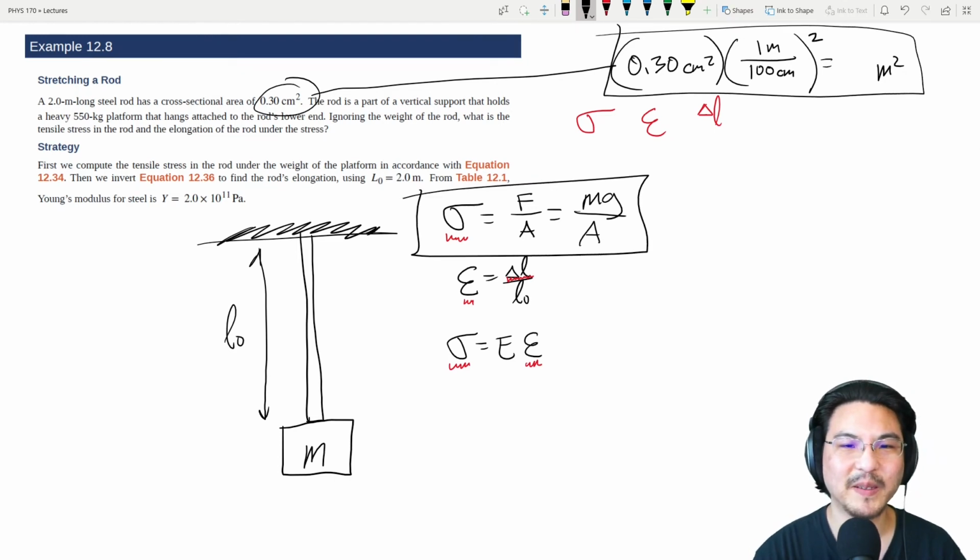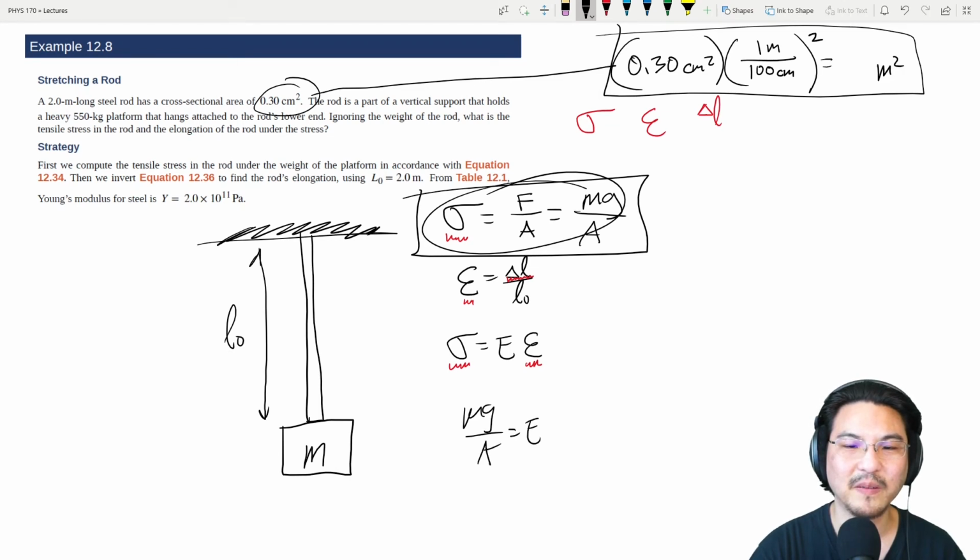So here we got it. We got the stress. Take that number, put it right here. That gets us mg over A equals E epsilon. I'll move the E down here. There's the strain.